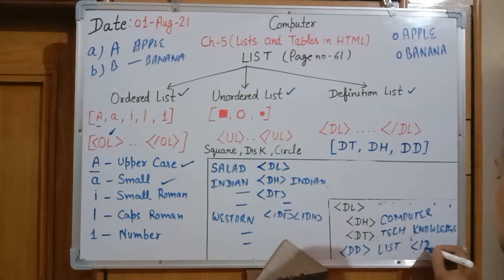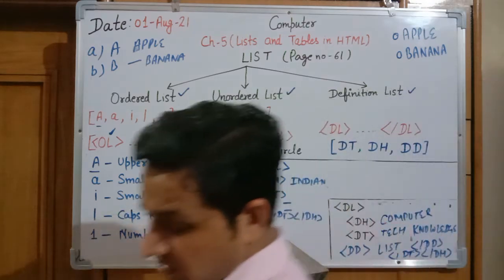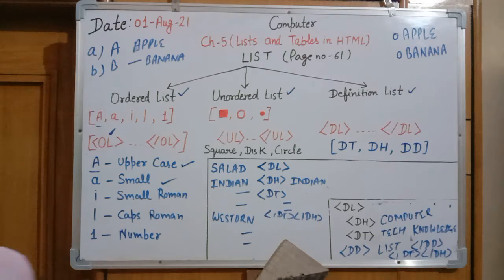Afterward, DD will close, then DT will close, then DH will close. You will understand more through one example that is given in your book.